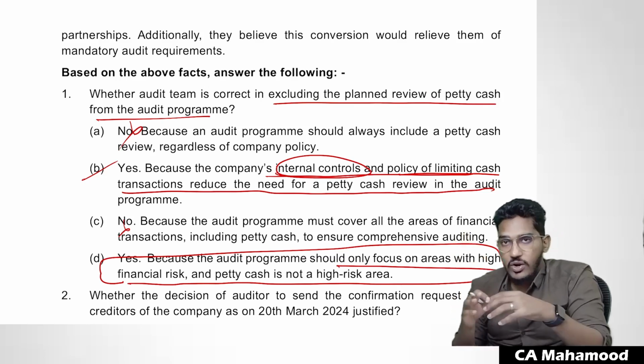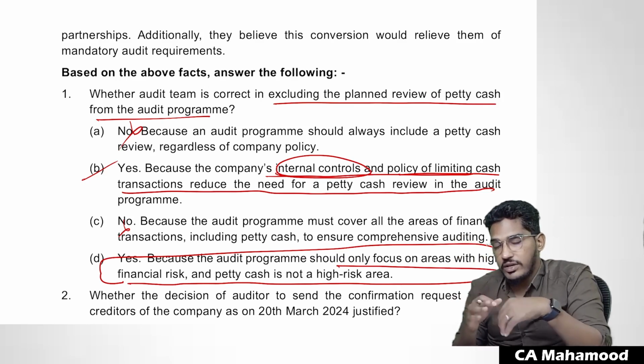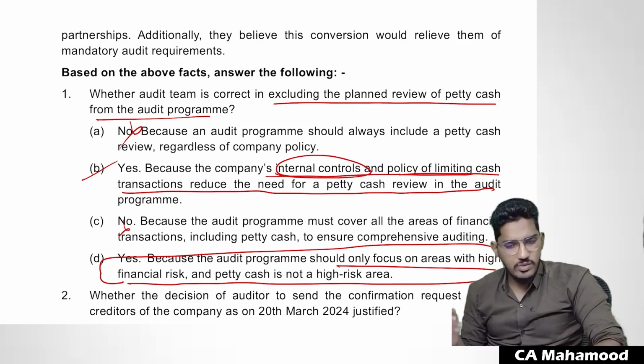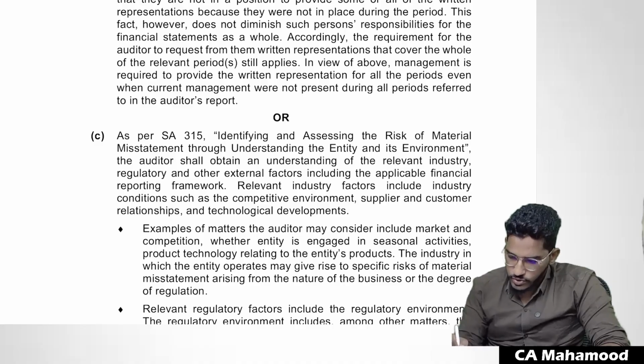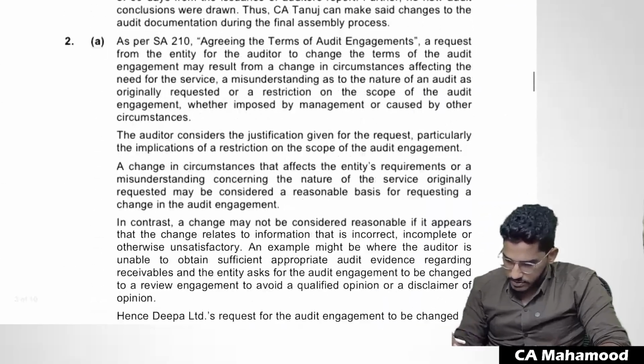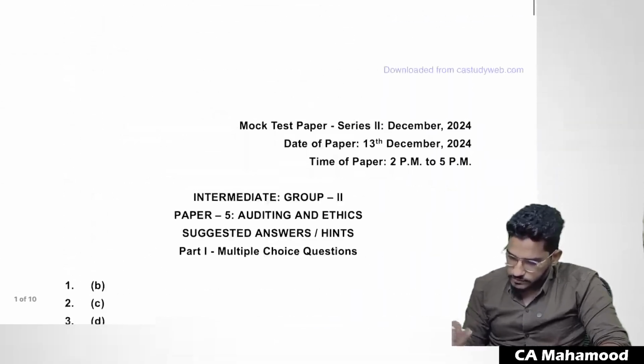Clear? And they are not telling that the auditor is ignoring every cash payment. Auditor is ignoring only petty cash. Yes, it is a wise decision. So the first option is going to be B. So let us cross-reference with the key as well. Yes, the first option is going to be B.